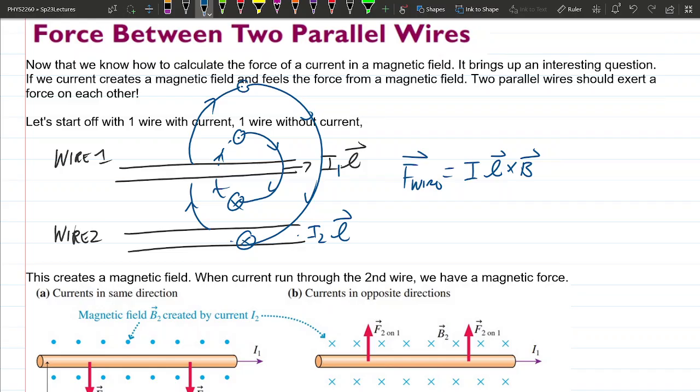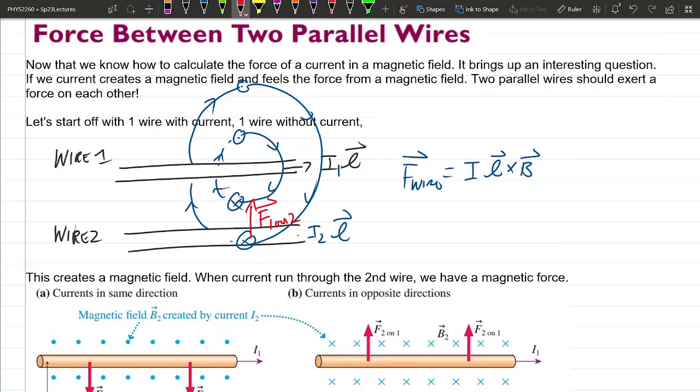And guess which way the force is going to be applied. Once again, we use the right hand. L is going to be in this direction, B below the other wire is going into the board. Therefore, there's actually a magnetic force pointing up. Force of 1 on 2 is pointing up.